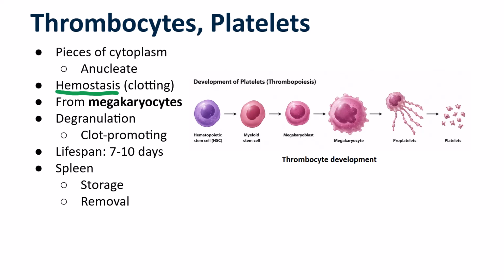So if there are any discontinuities in vasculature, it's the thrombocytes that are absolutely vital in plugging these discontinuities or holes. Ultimately, they are derived from a line of cells that give rise to megakaryocytes, and this process begins with hematopoietic stem cells.